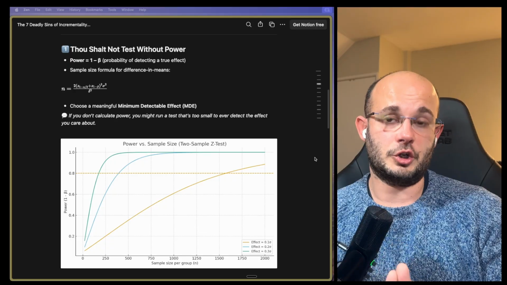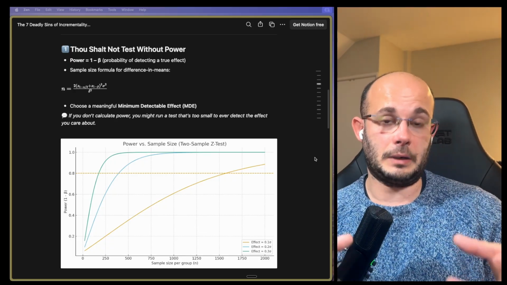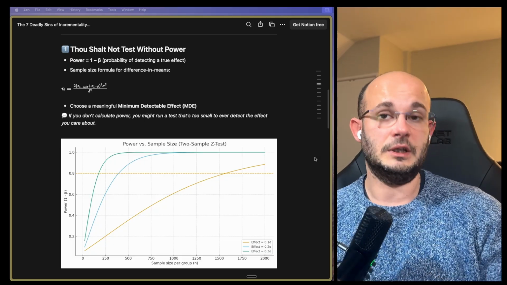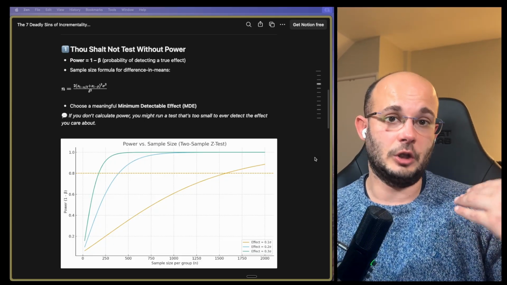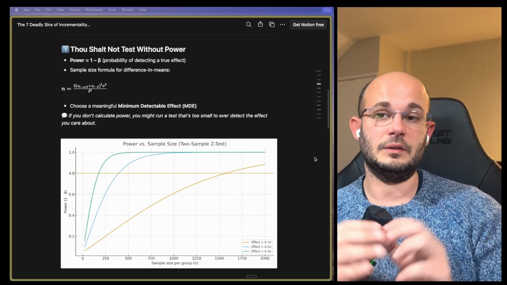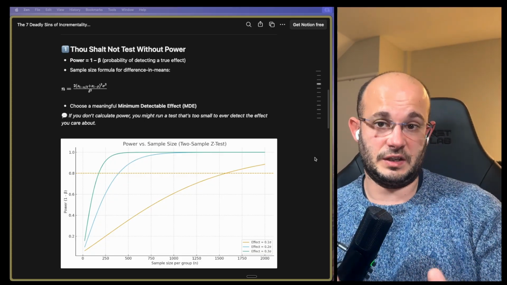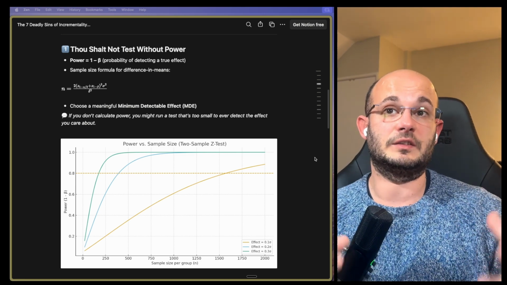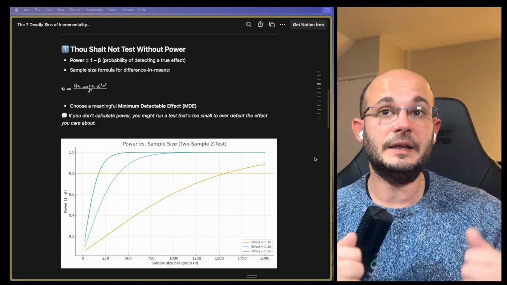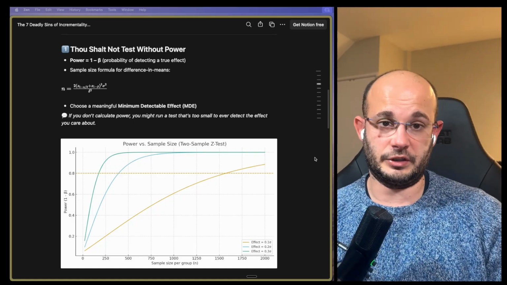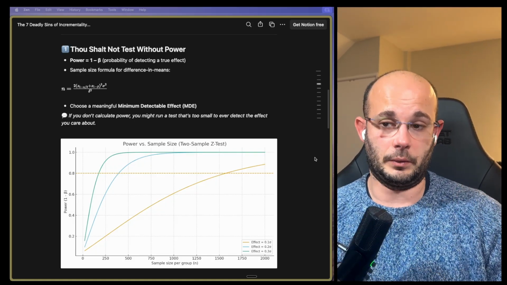Now, word of caution, if you are running underpowered experiments, you are going to get yourself into trouble. There is a very meaningful probability that when the test says there is an effect, that effect in reality does not exist. So really be careful. Do not run tests, any type of tests, without proper statistical power.